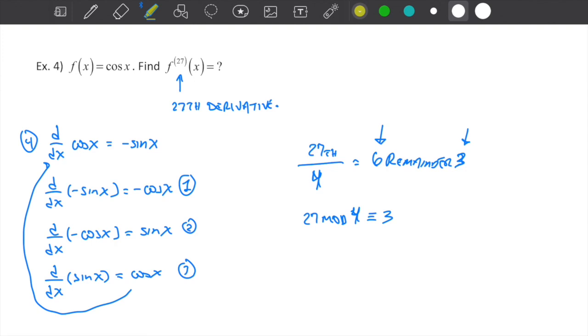So what we really want is just the third derivative. The 27th derivative is just sine of x. That's our first, that's our second, that's our third derivative, that's our fourth derivative, which is back to the start. So our third derivative, there we go.